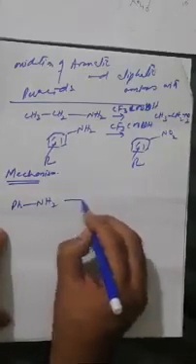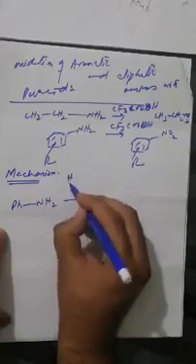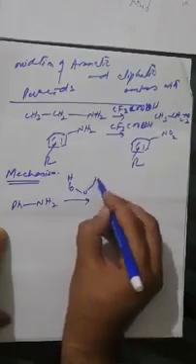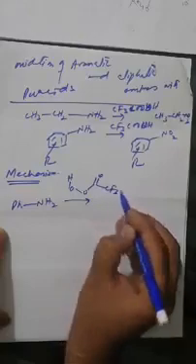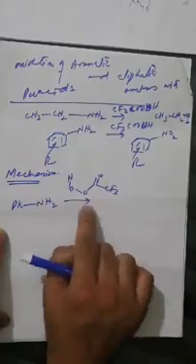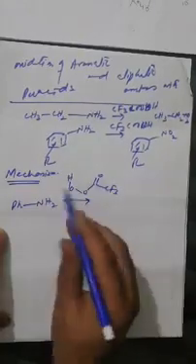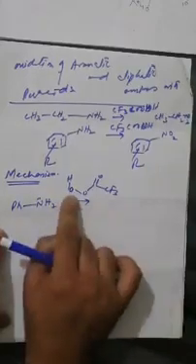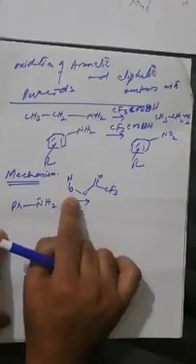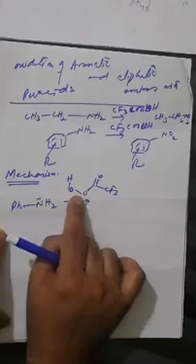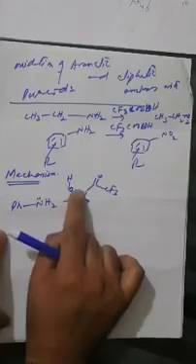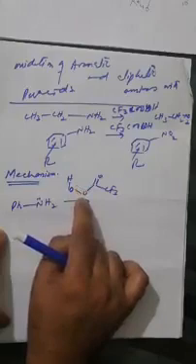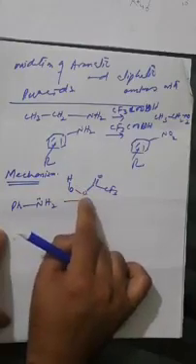What will happen in the first step? We know this is the peracid, trifluoroperacetic acid. This oxygen is electron deficient. How does this single bond tend to move on this oxygen?